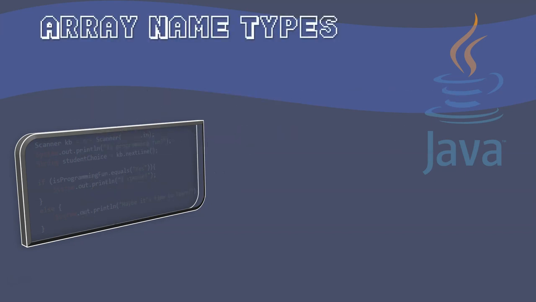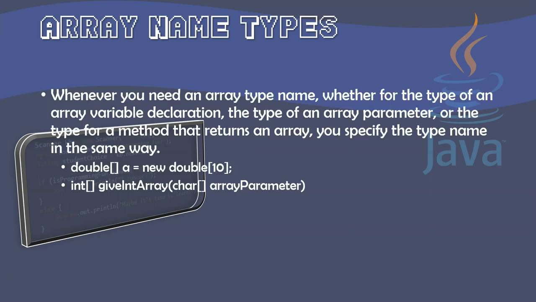Now, the last thing to keep in mind here is the array type names. Whenever you need an array type name, whether it's for the type of an array variable declaration, the type of an array parameter, or the type for a method that returns an array, you must specify the type name in the same way. So for example, we say double[] a equals new double[10]. Notice both of these are double.